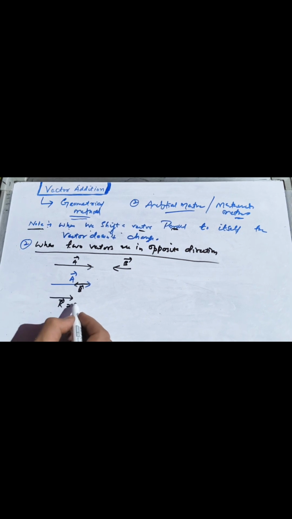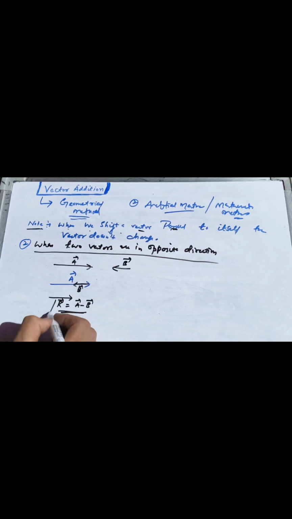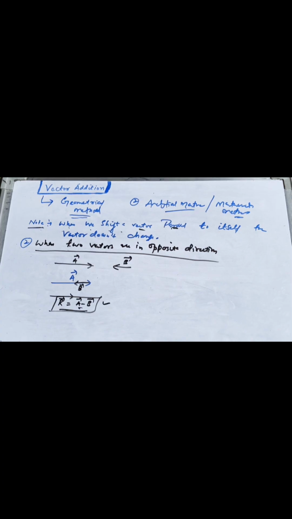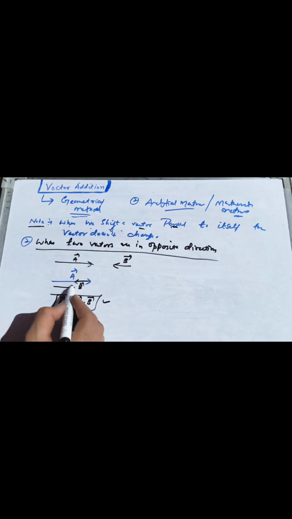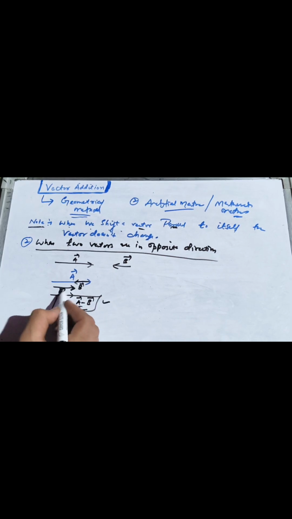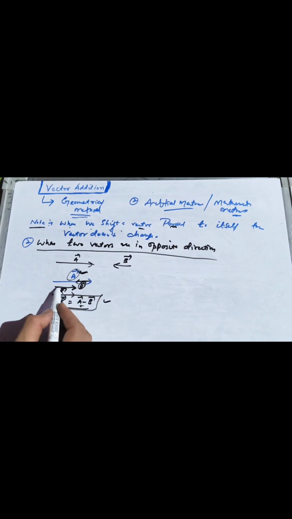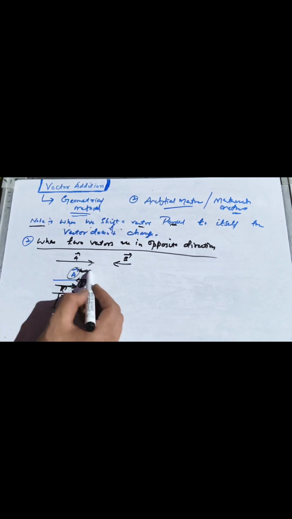This resultant R will be vector A minus vector B. Actually, these two vectors are anti-parallel to each other, so their resultant will be a simple subtraction of the two vectors. Geometrically, this will be the resultant R vector, and its direction will be the same as that of A. Here A is larger in magnitude than B, so the resultant vector will always have the same direction as that of vector A.